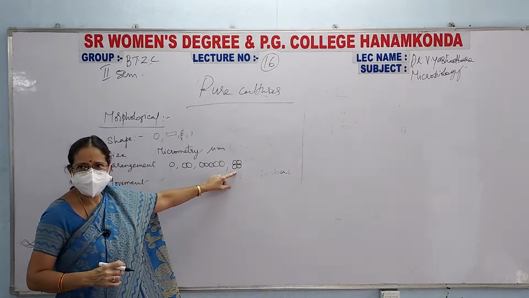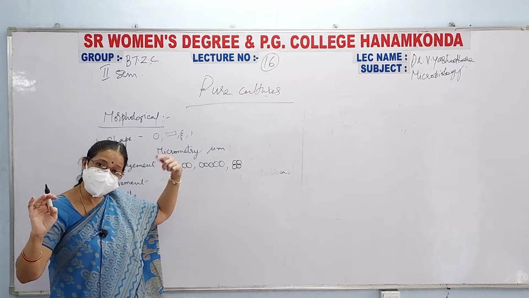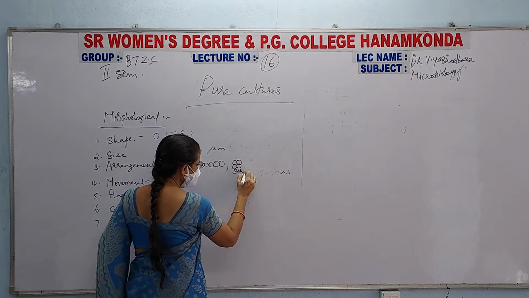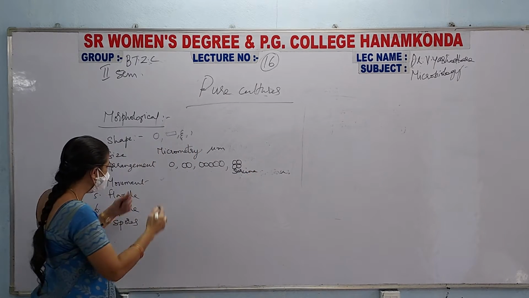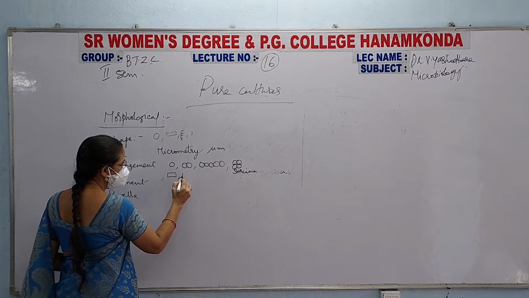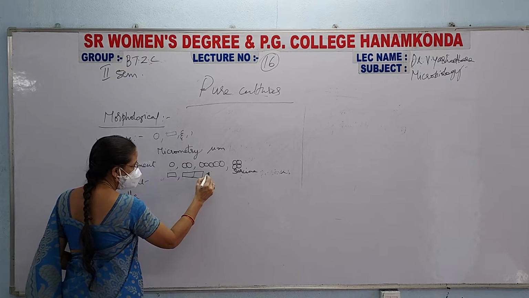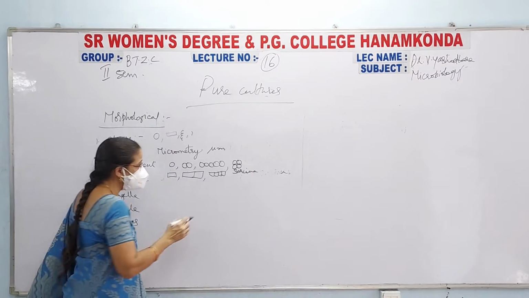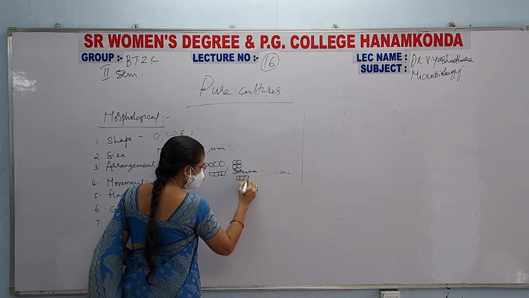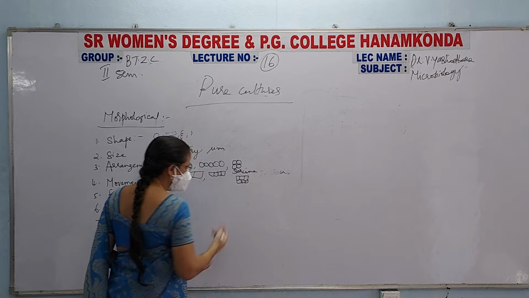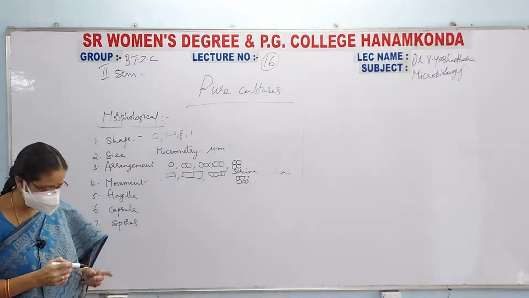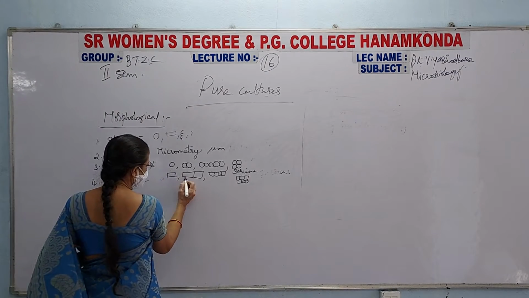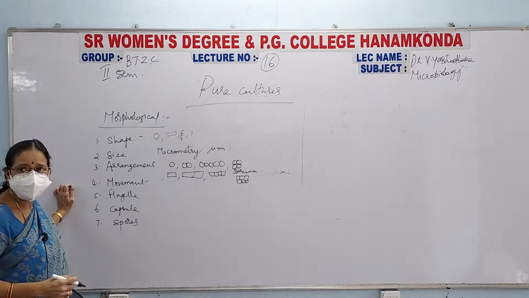In front I am drawing 3-4 circles, on the back side also it consists of 4 circles just like a cube, and this is called sarcina. If it is bacillus, the arrangement is monobacillus, diplobacillus, a chain of microorganisms, that is streptobacillus. So the arrangement of the microorganisms can also be observed with the help of your microscope.